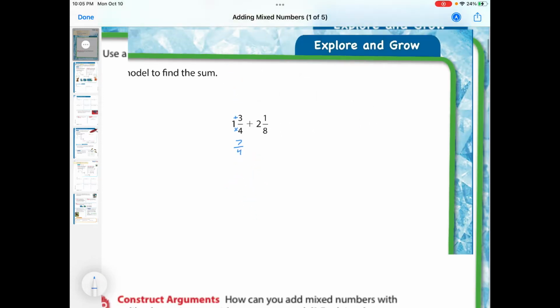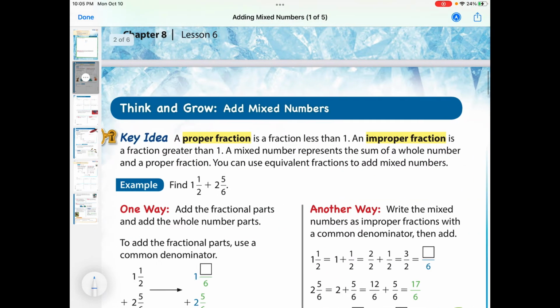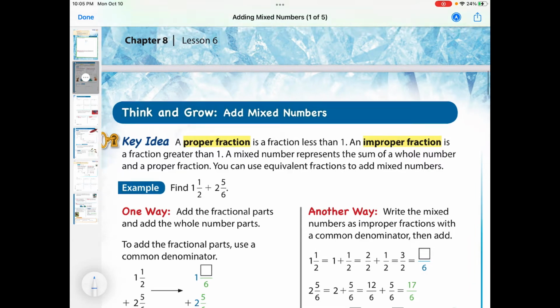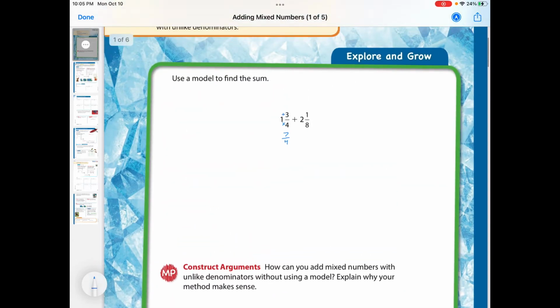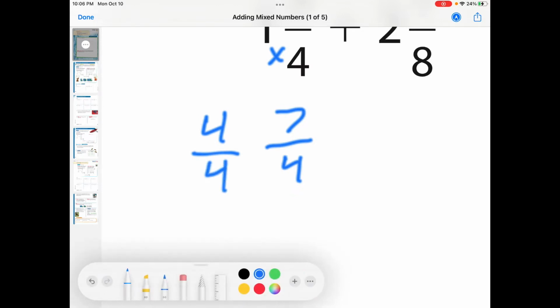And we know that an improper fraction is a fraction that is greater than 1. And we know that this is greater than 1 because when you're looking at this denominator, 1 would be 4 over 4, okay? But this is not 4 over 4. This is 7 over 4, okay?